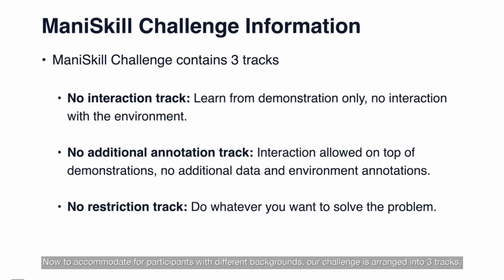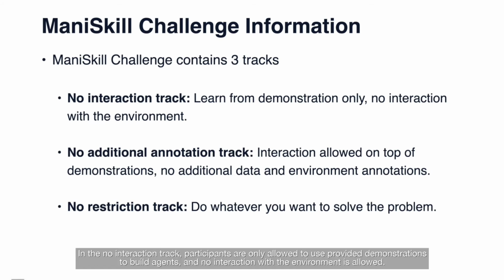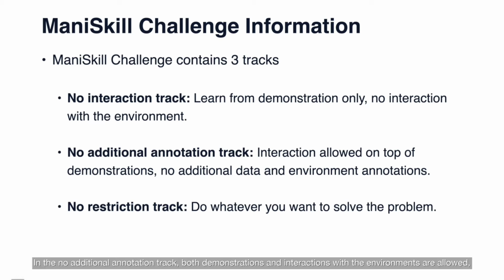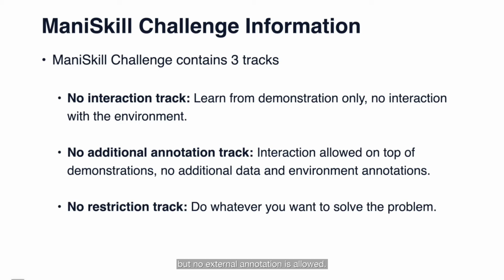Now, to accommodate for participants with different backgrounds, our challenge is arranged into 3 tracks. In the no interaction track, participants are only allowed to use provided demonstrations to build agents, and no interaction with the environment is allowed. In the no additional annotation track, both demonstrations and interactions with environments are allowed, but no external annotation is allowed.